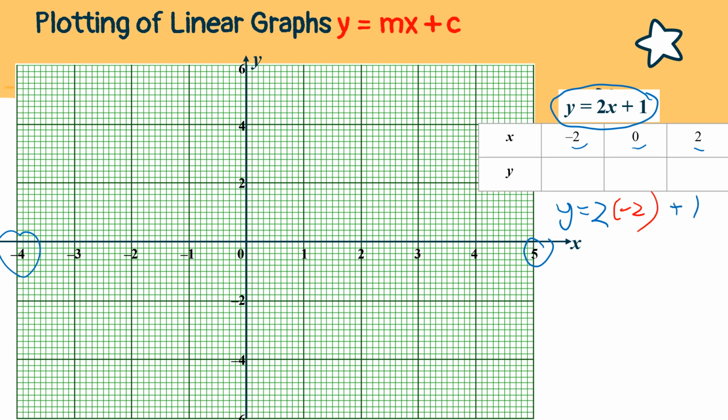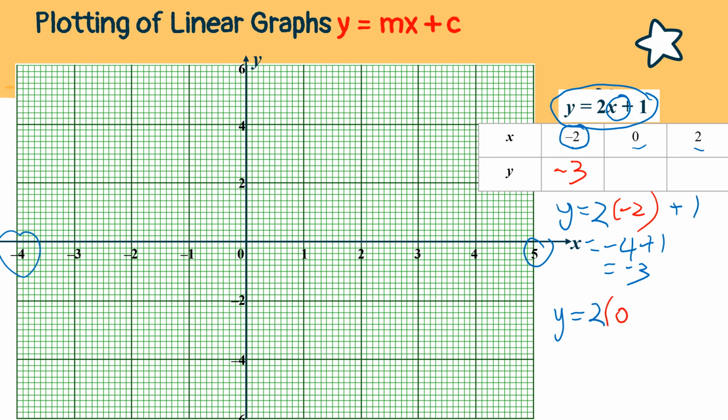So we have 2x plus 1 will become 2 bracket negative 2 plus 1. So the x value has been replaced by the negative 2 value. And that will give us negative 4 plus 1, which is negative 3. Next, we will replace the x value with 0.